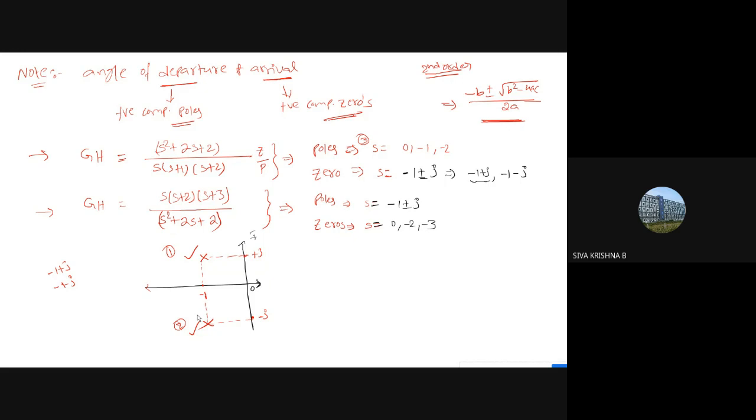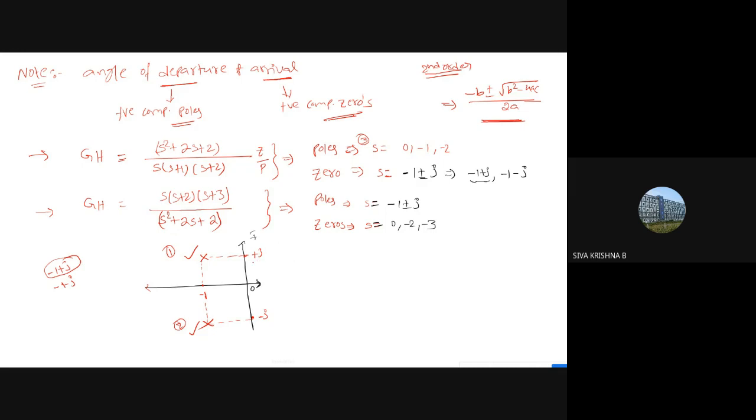Guys, is my question clear? Which one is the positive imaginary complex pole or complex zero? -1 plus j. Yeah, very good. -1 plus j is the positive one. Please remember this: plus j.